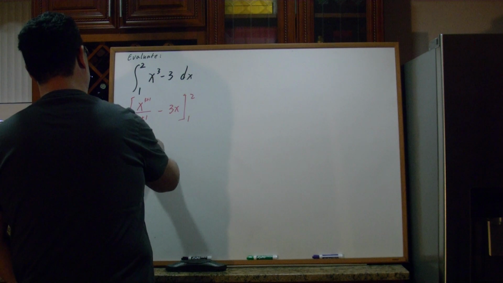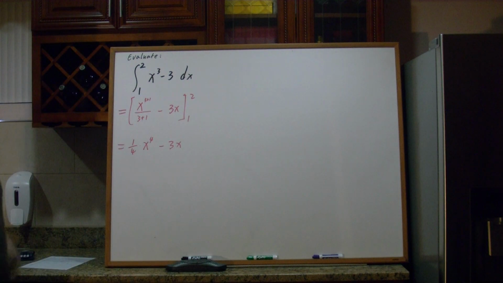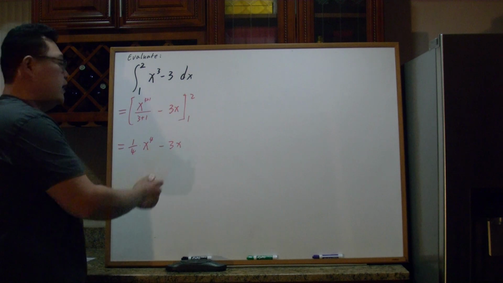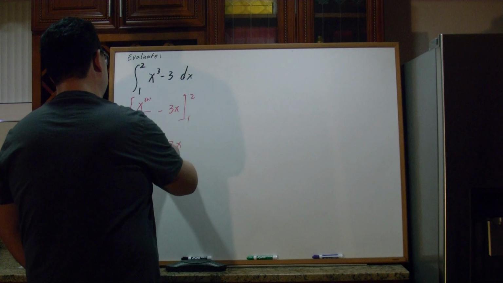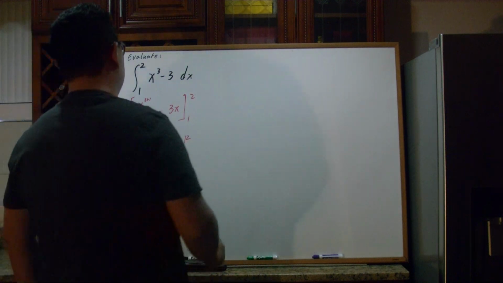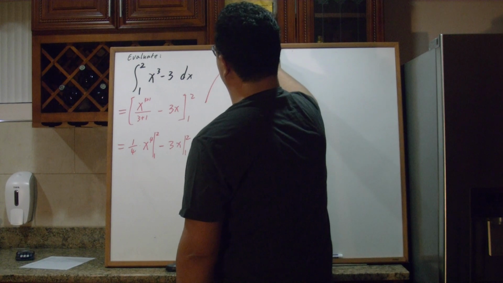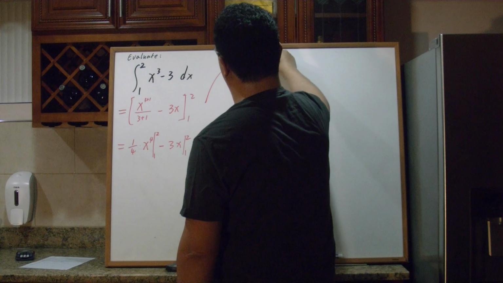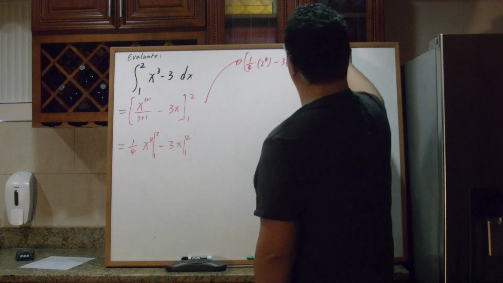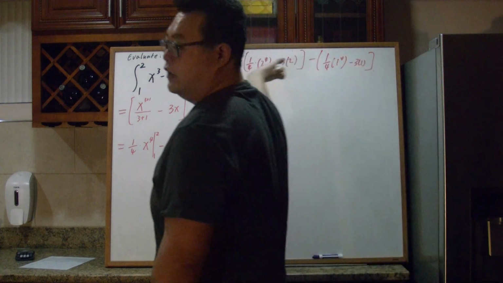Since these are linear combinations of functions, we could evaluate from 1 to 2 for each term. Instead of doing the entire thing, like 1/4 times 2 to the 4th minus 3 times 2, minus 1/4 times 1 to the 4th minus 3 times 1, that will be very tricky to do, right?